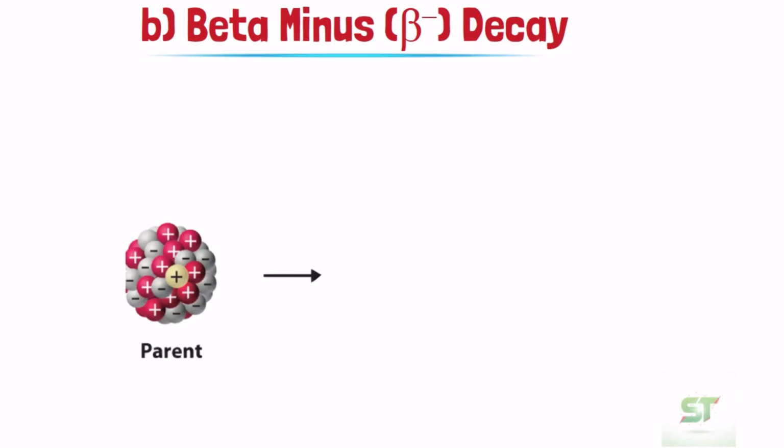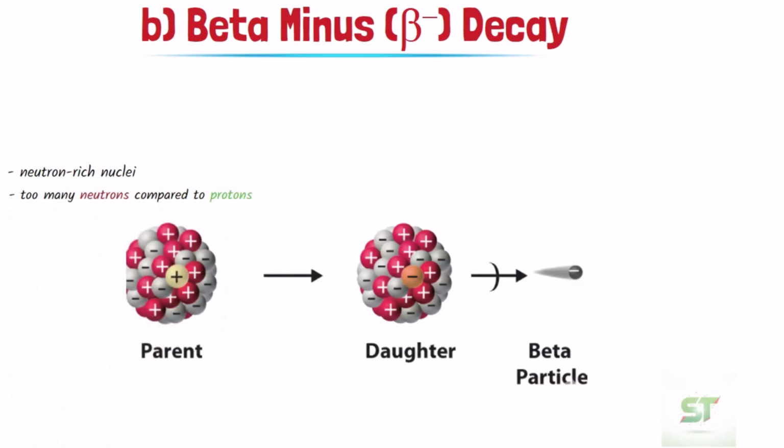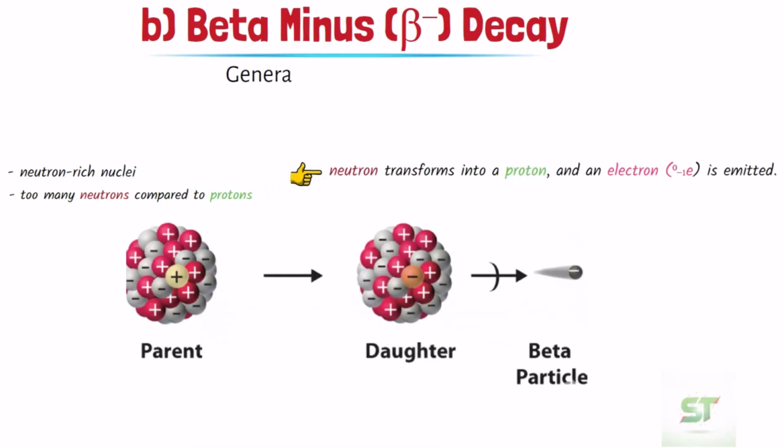Beta minus decay. Next is beta minus decay, which occurs in neutron-rich nuclei, where there are too many neutrons compared to protons. In this process, a neutron transforms into a proton, and an electron is emitted.